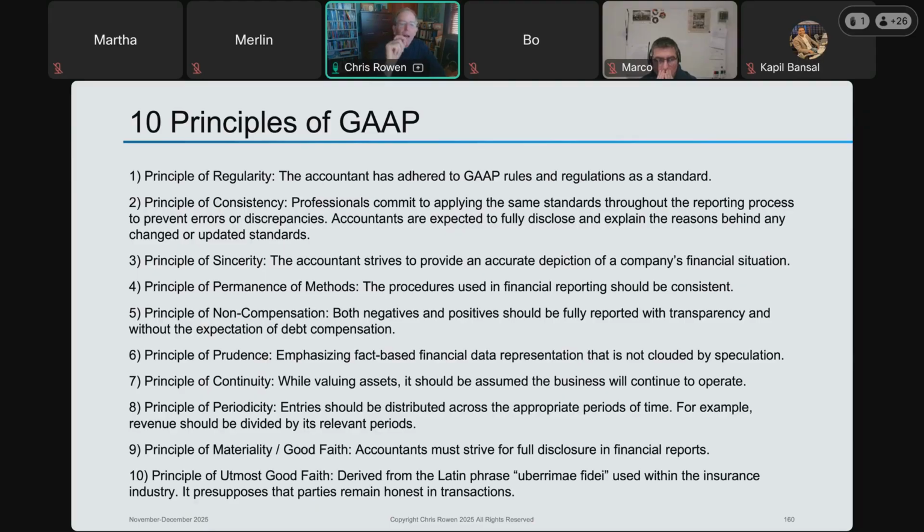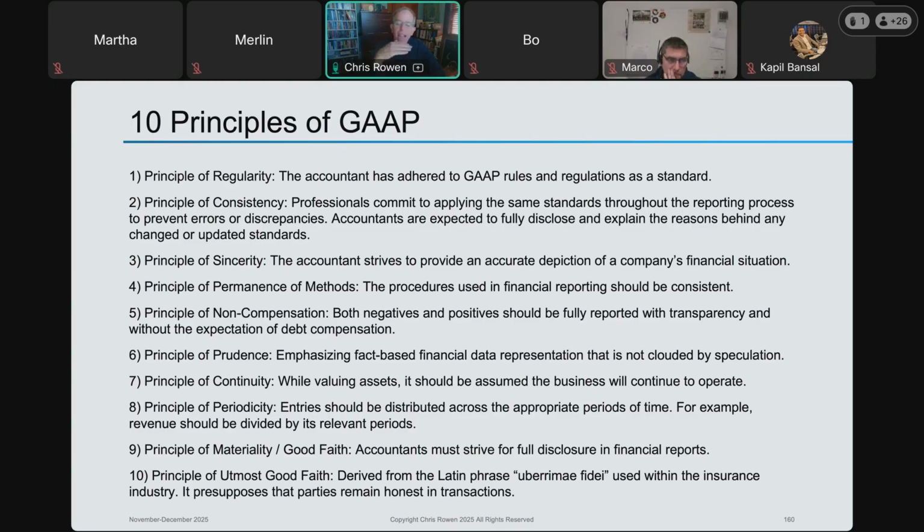The principle of consistency, that is, that the same standards are used throughout the reporting process, that they're stable over time, and that it's consistently applied in every aspect of the business. That the accountant is striving to be as accurate as possible.